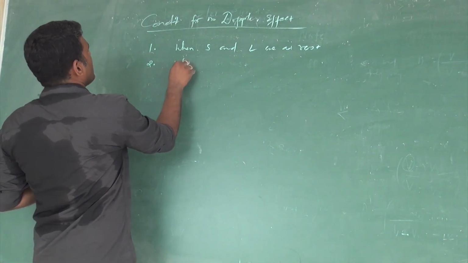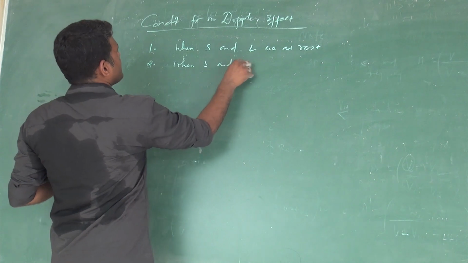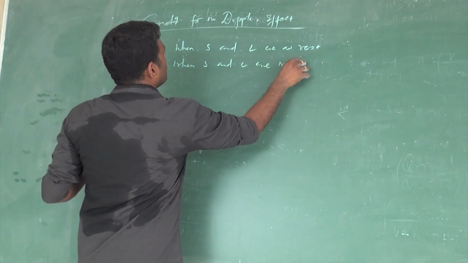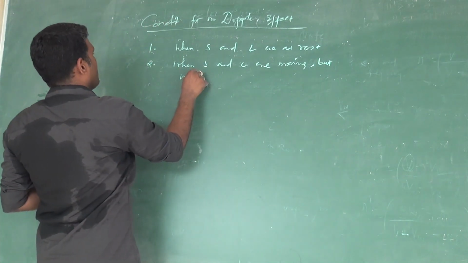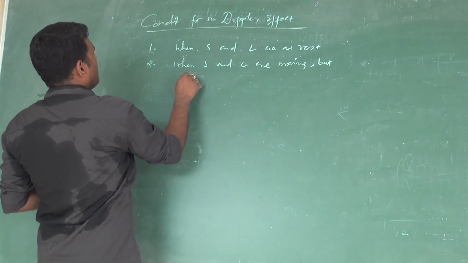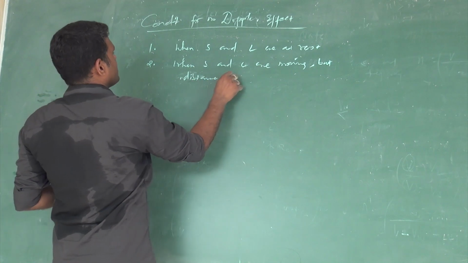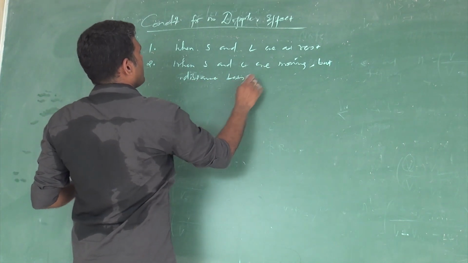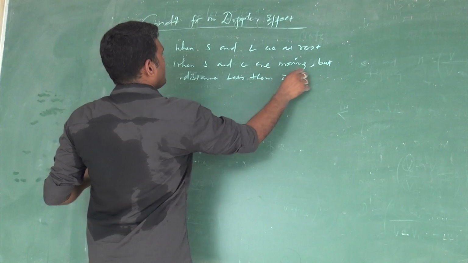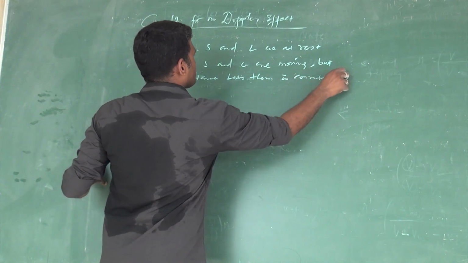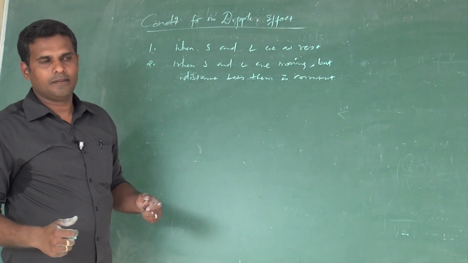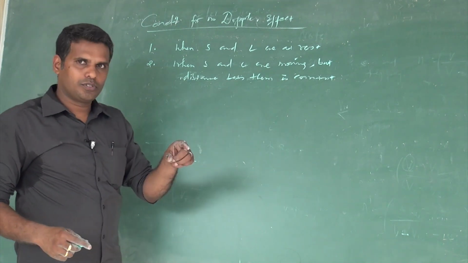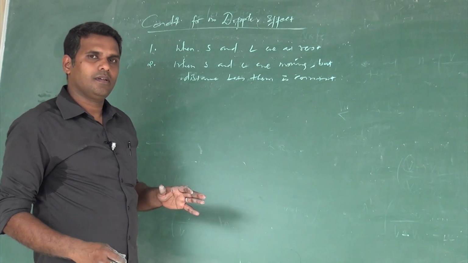Second one, when the source and the listener are moving, but the distance between them is constant, which means if one car is chasing the other, one is the source, another one is the listener, right?